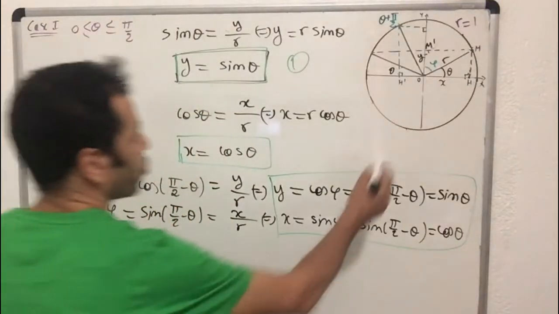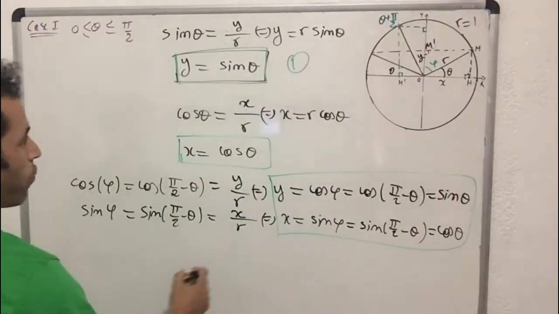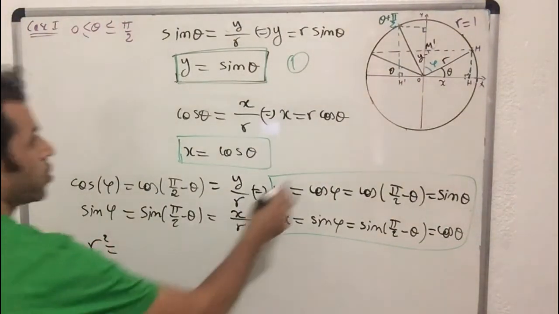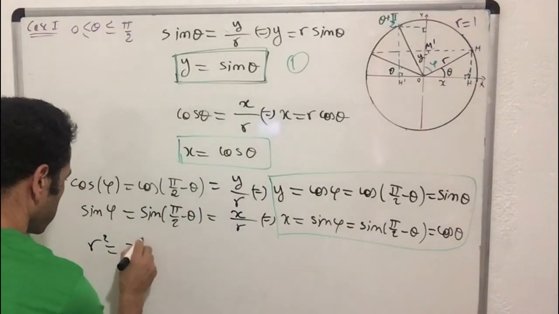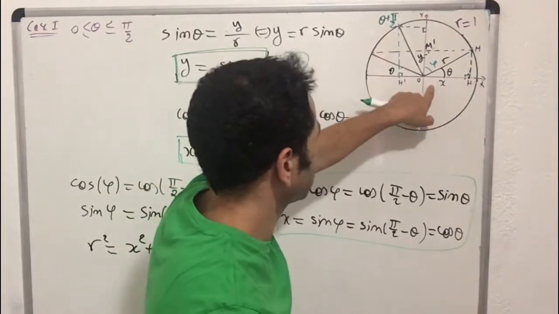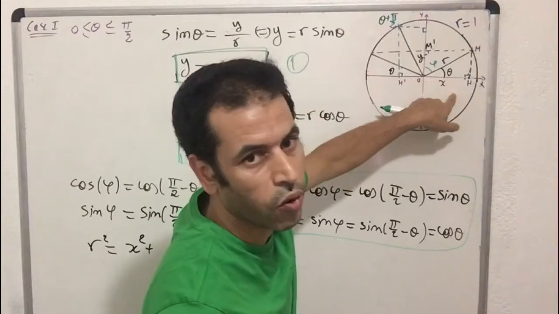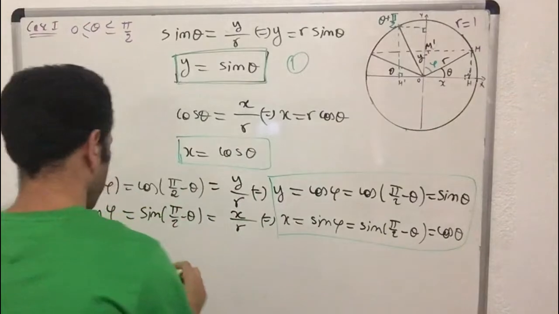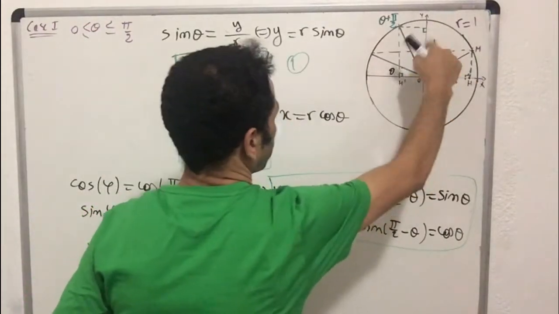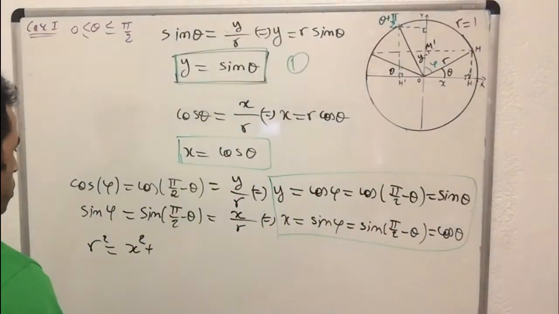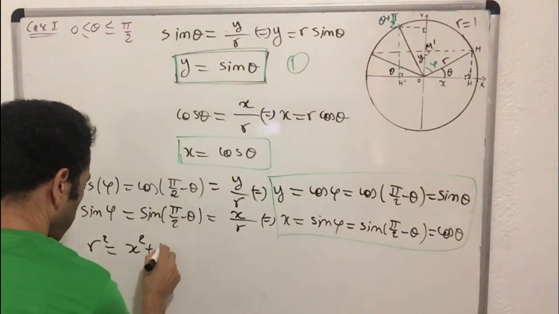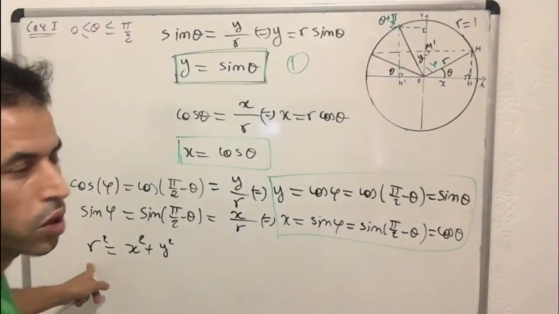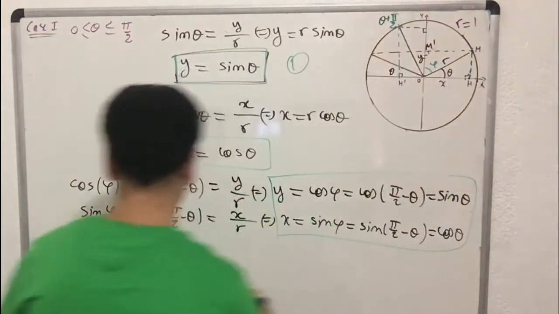So in triangle OMH, we found r squared equals x squared, where x is this distance OH because we have a right triangle, plus this distance which is y, by projection, by extension on the vertical axis. We find x squared plus y squared. Since r equals 1 because of the circle, that means 1.